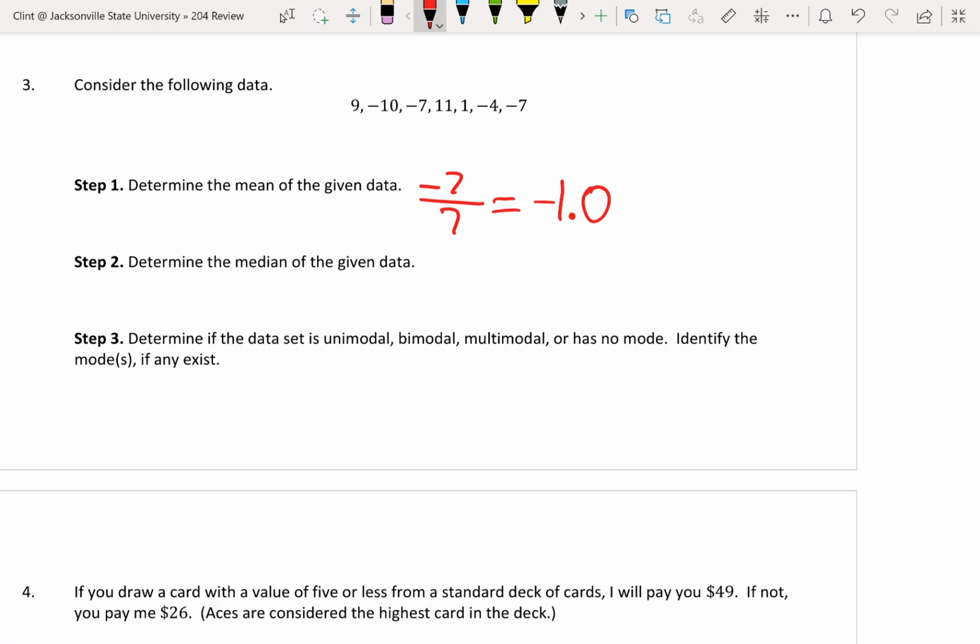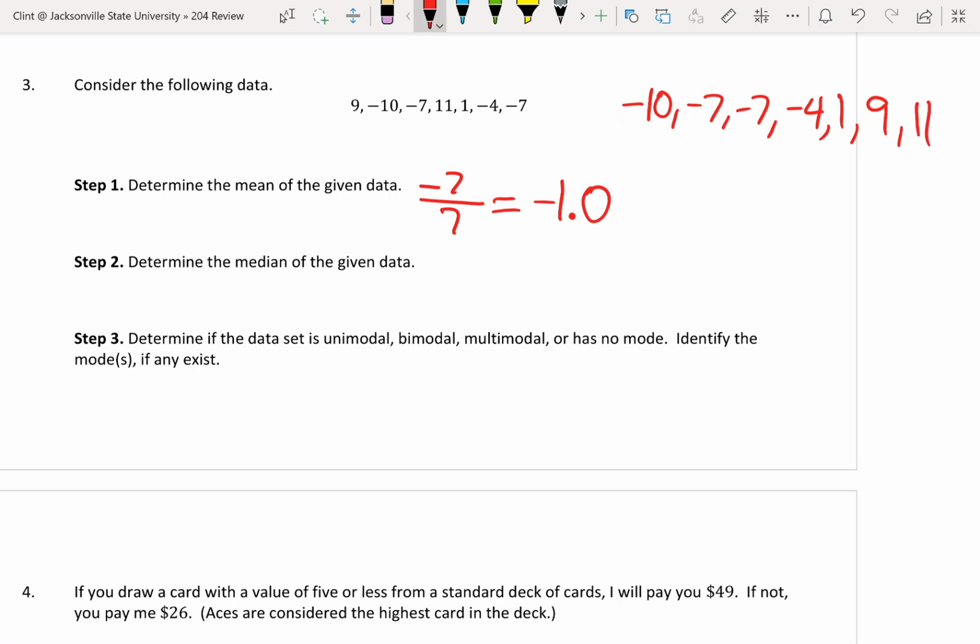Okay. Step 2 says find the median. What we got to do to find the median? We got to put them in order first, and then we want the middle number. So here we have some negative numbers, so be careful with those. Our smallest number is -10, and -7, -7, -4, 1, 9, and 11.